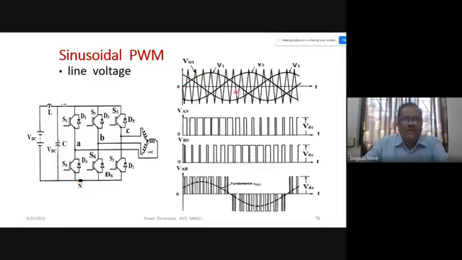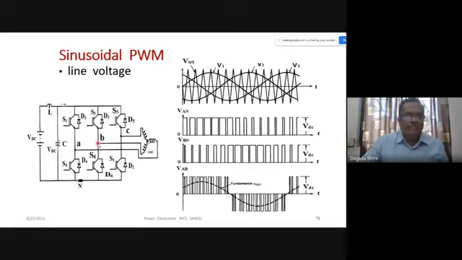So we already know how this switching signal is generated, and based on that we get VAN. Where the modulating wave is higher than the carrier, switch S1 is on, and we get plus VDC. Where the modulating wave is less than the triangular wave, S4 is on, and the output voltage will be 0. So this is done for the first leg.